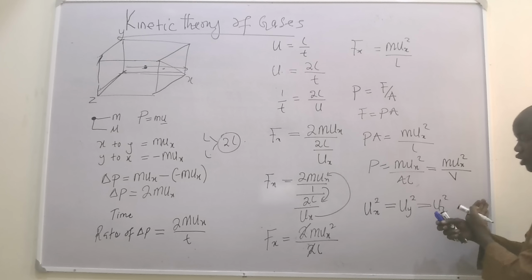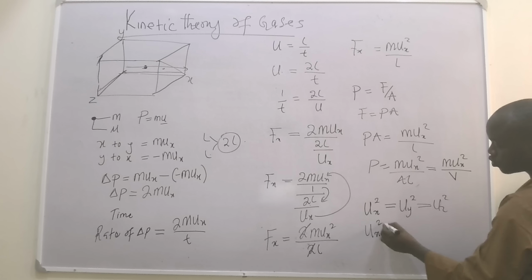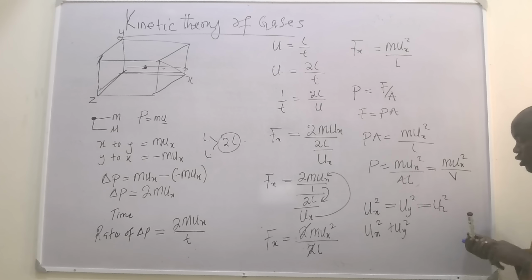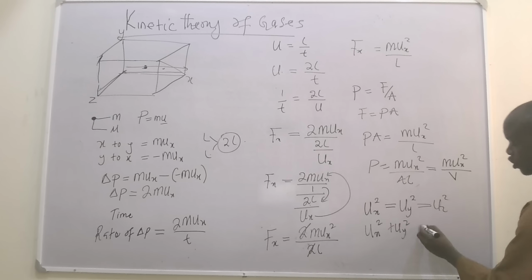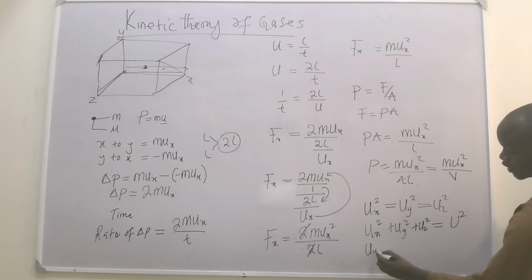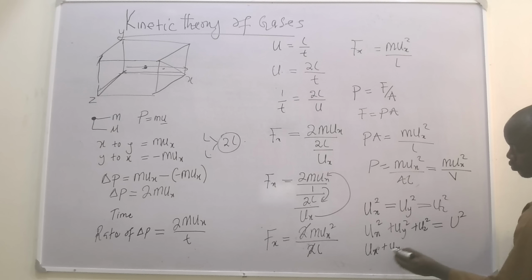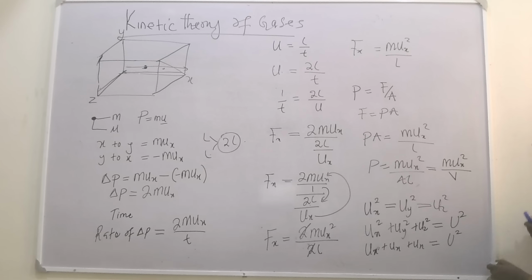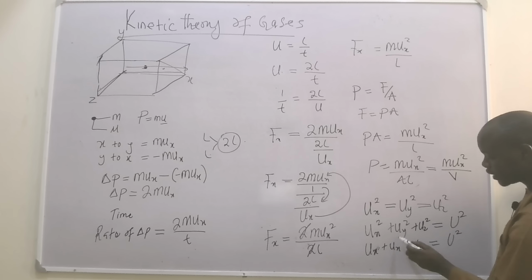And of course, when we sum all this together, that is u of x squared plus u of y squared plus u of z squared, it is now going to give us u squared. So since we now equate them, it means that ux is the same thing as uy and uz, so all are the same.